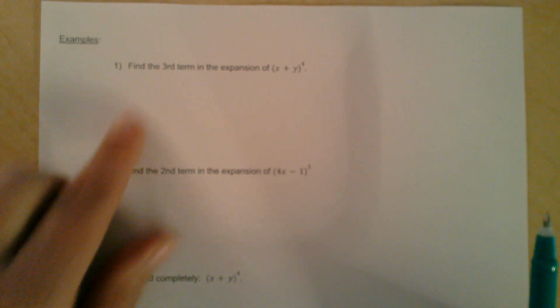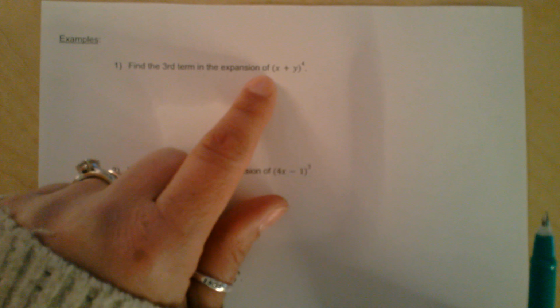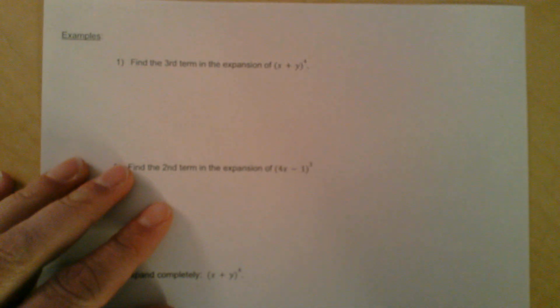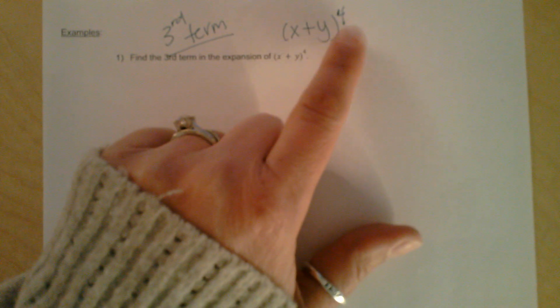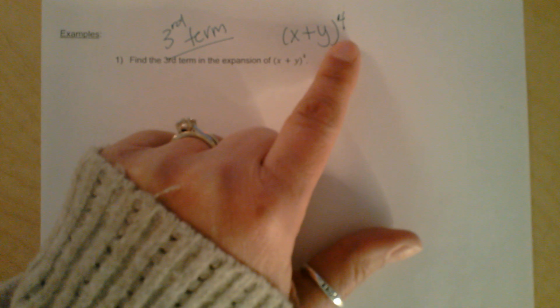Number 1 says find the third term in the expansion of (x plus y) to the 4th. So we're looking for the third term, and we're looking at (x plus y) to the 4th, just so that you can see it a little bit better. So we're going to be going to the 4th power.